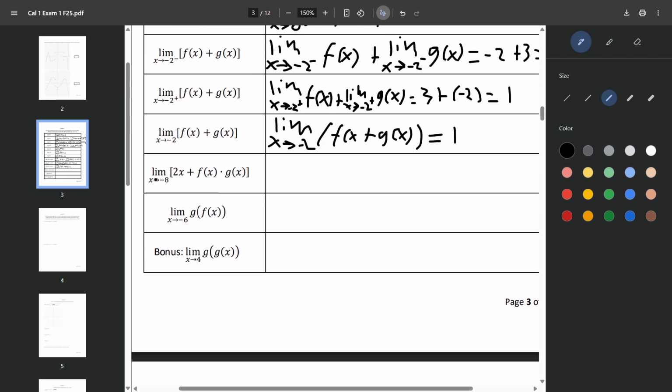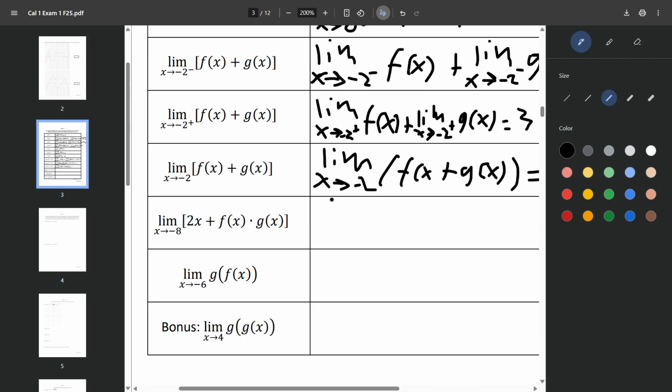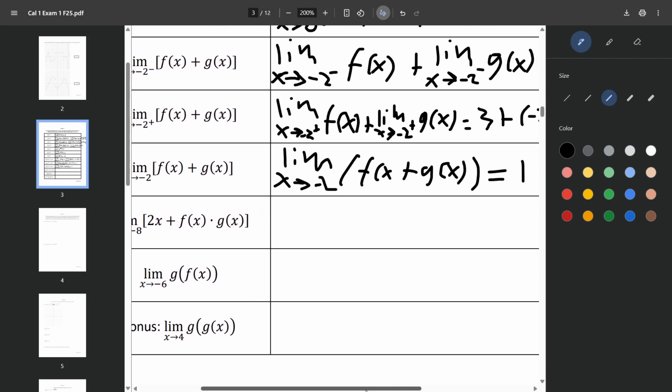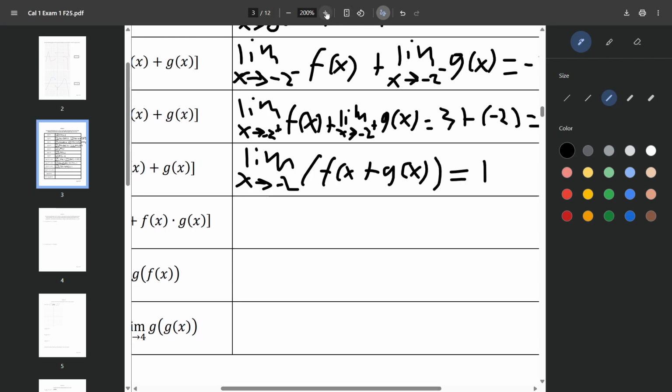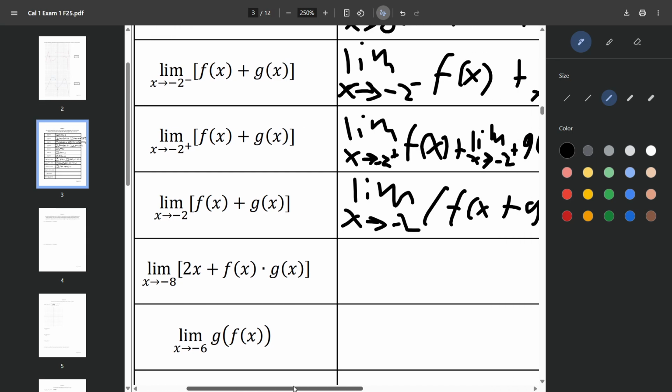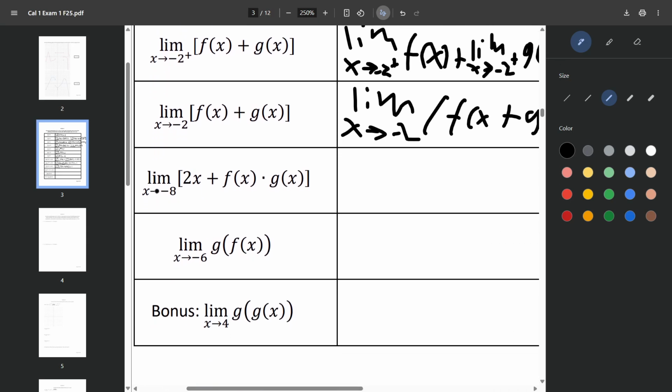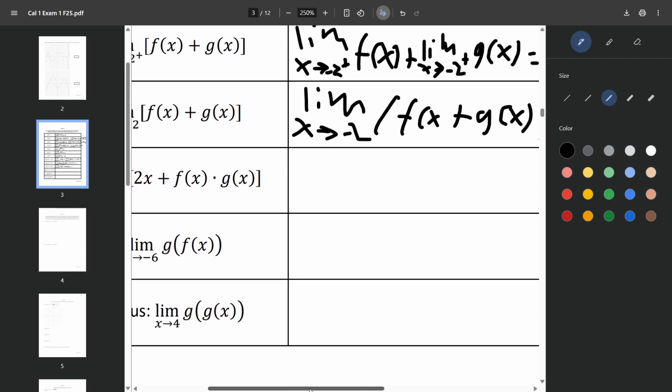Now, this next question is a bit of a long one, so I'll zoom in so I can write a bit smaller and we have a bit more space. So in this equation, it's going to be the limit of x approaching -8 of 2x plus f of x times g of x. Now for this 2x part, it's the same as the rest, applying the limit to the function, that's going to be our first rule.